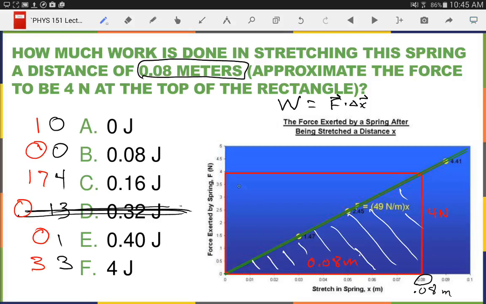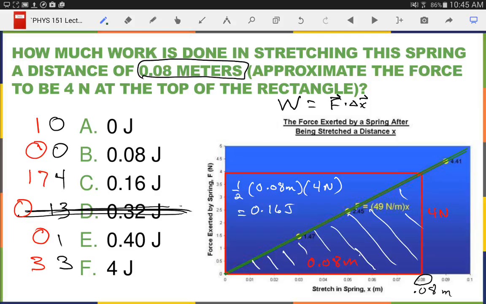1/2 base times height. So we just took 1/2 of my base, 0.08 meters, multiplied by my height of 4 newtons. And that gave me 1/2 of 0.32, or 0.16 joules.